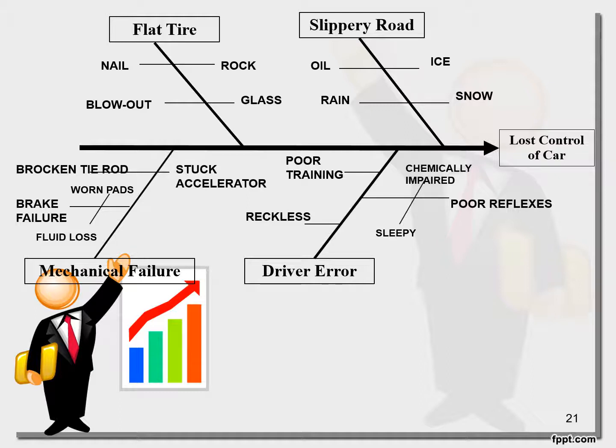Here, for slippery road, possible causes are oil, ice, rain, and snow. For mechanical failure, we have stuck accelerator, broken tie rod, and brake failure that has 2 subclasses: worn pads or fluid loss.